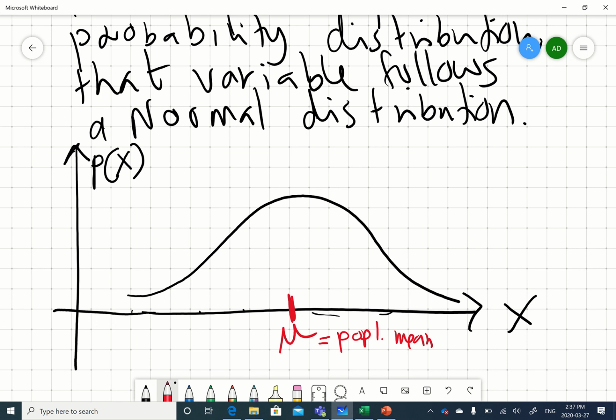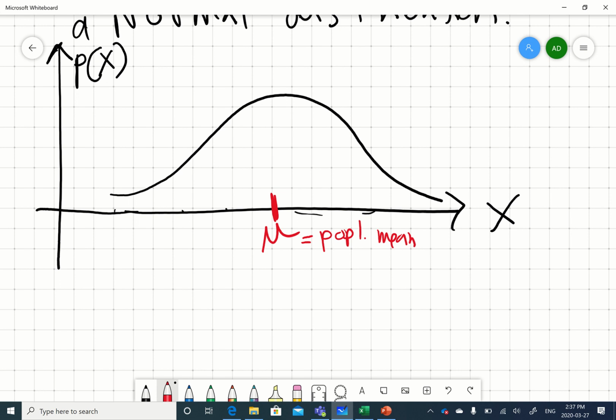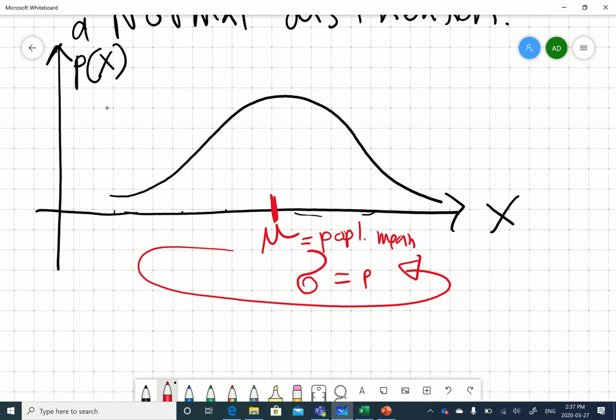The spread around the mean is determined by the population standard deviation. So by changing the mean and the standard deviation, you can create many different bell shapes.